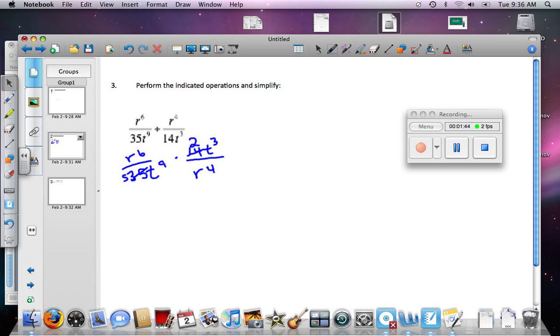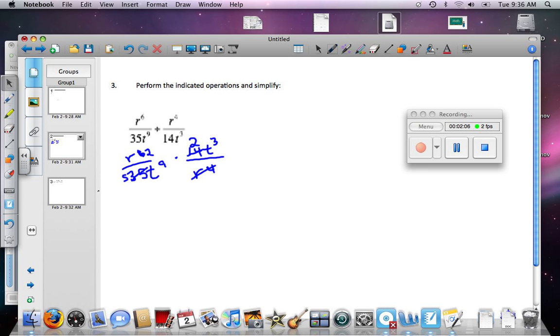And now I have an r to the 6th over r to the 4th, so I'm going to use the quotient rule that says subtract 6 minus 4, that gives you 2. And that makes r squared. Now I have t cubed over t to the 9th. You can say 3 minus 9 is negative 6.